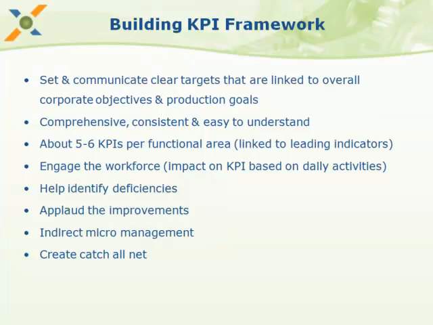Generally, we have seen that about 5 to 6 KPIs per functional area at any given point in time can be very helpful to focus on. Of course, they all have to be linked to leading indicators. We have to engage the workforce and make them understand the impact on their day-to-day activities, how it affects the KPIs.